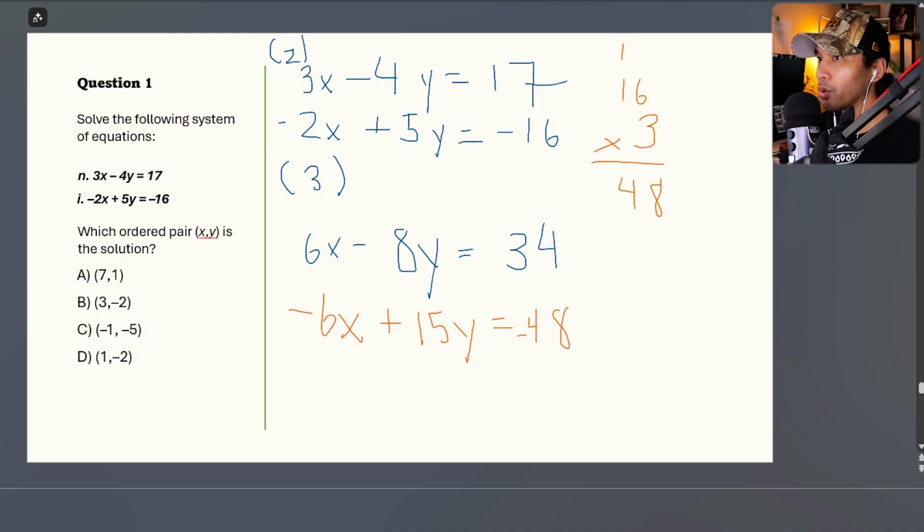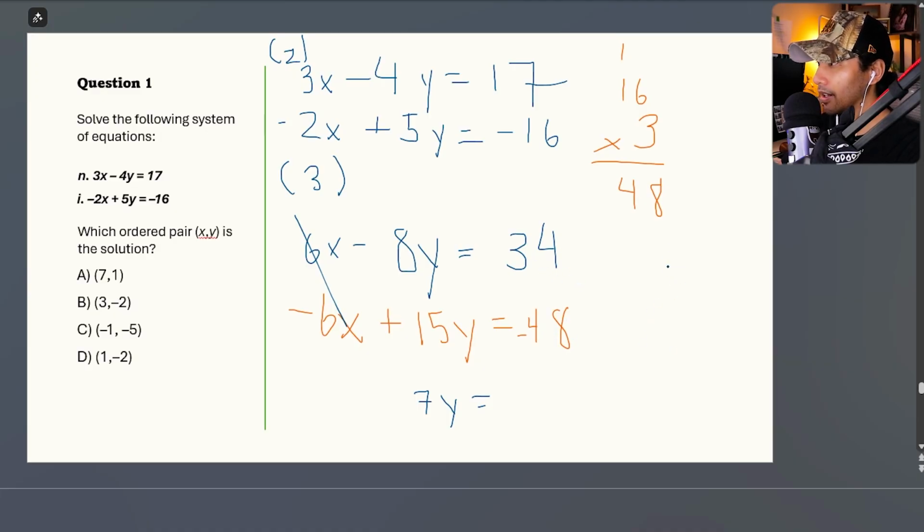So now we can eliminate this right here. What we're left with is just combining the like terms from the equation. We have here negative 8y and plus 15y. When we combine these two, we get positive 7y, equals negative 48 plus 34, or 34 minus 48.